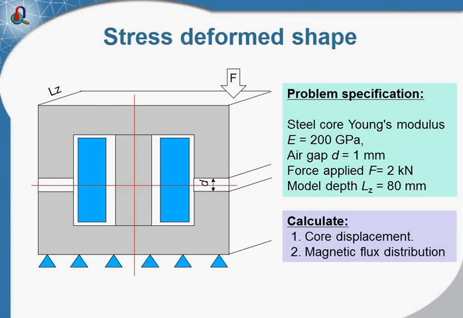The mechanical force is applied at the point above the right leg, and eventually the core will be deformed. Our task is to calculate the core displacement and to find the effects caused by this displacement on the magnetic flux distribution.